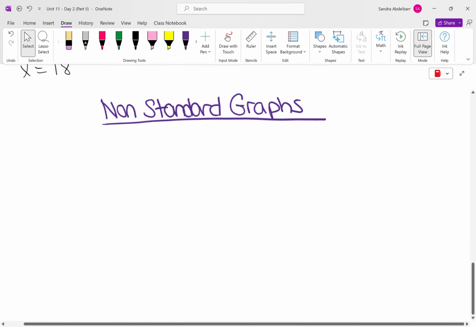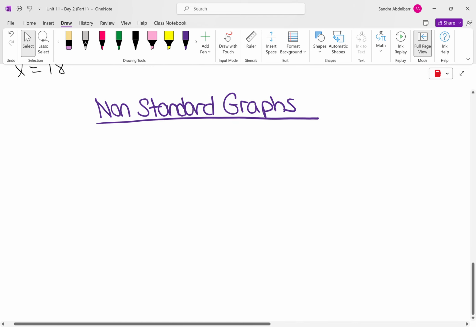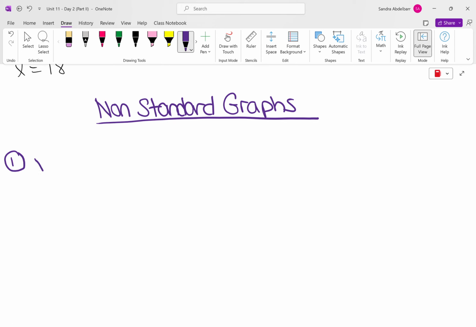All right, let's talk about our non-standard graphs. This is not your basic sketch your parent graph, then shift.